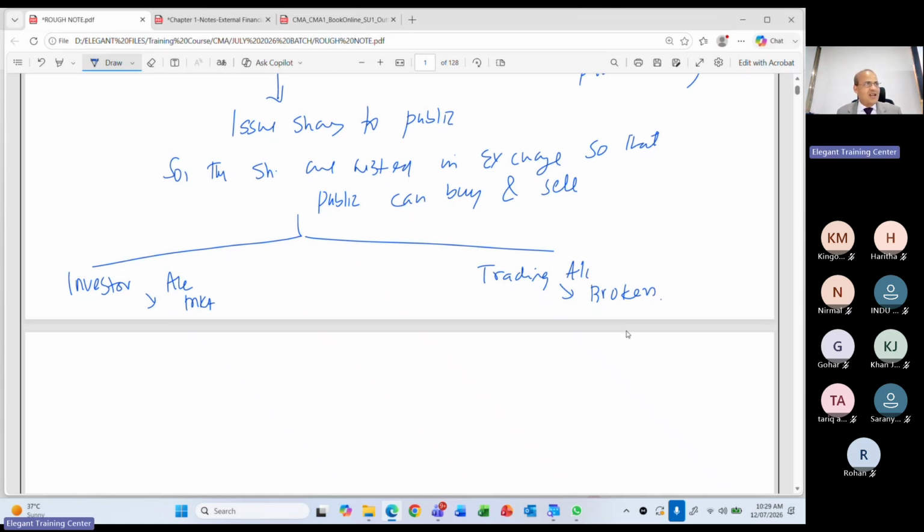If you want to buy and sell stock, you approach any broker and the broker will do everything for you. They will get you an investor number and a trading account number, and you can start buying and selling. So the market is a place where the shares are listed, which can be bought and sold by the shareholders, by the general public.